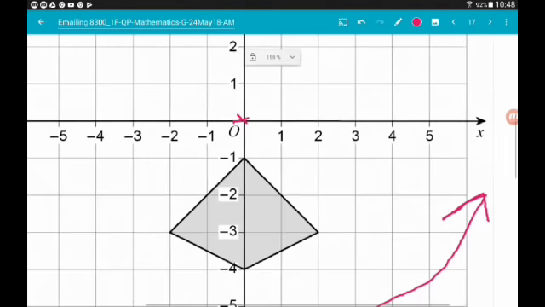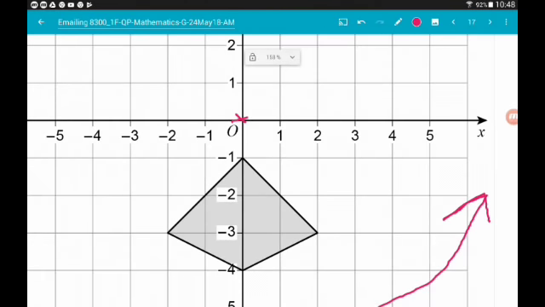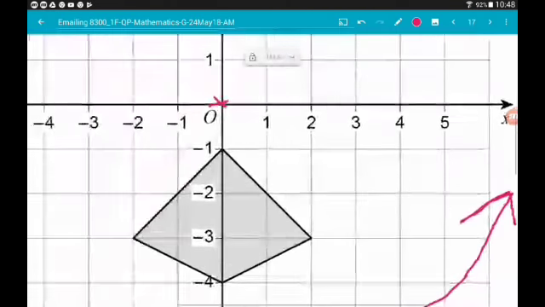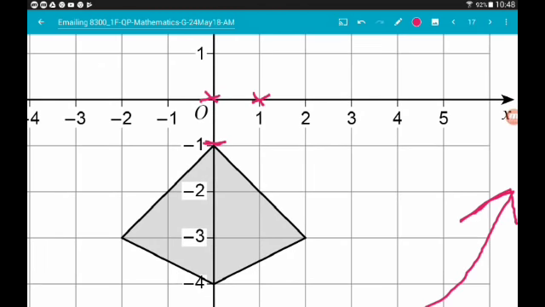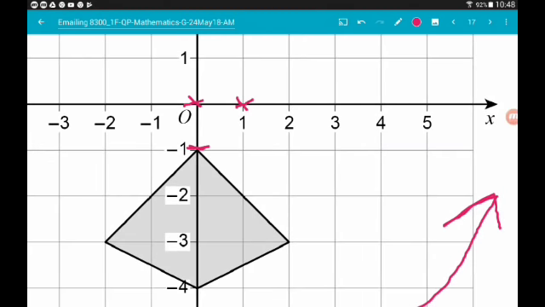What we're going to start with are these 2 points that are on the y-axis. So we got this point here at -1. Now if that rotates by 90 degrees anti-clockwise, that is going to be at 1 on the x-axis. Same with the point down at -4, that's going to rotate to 4 on the x-axis.